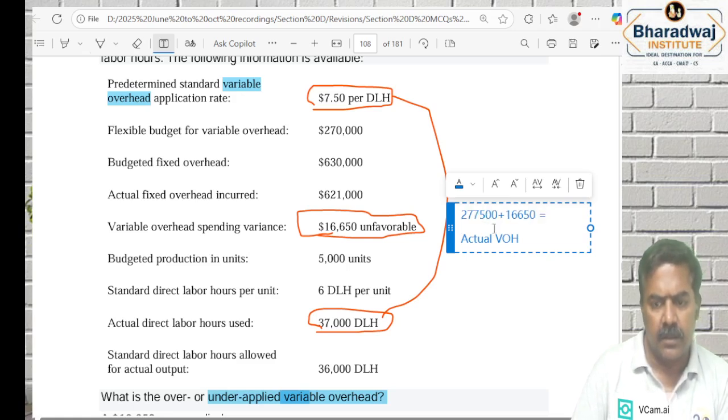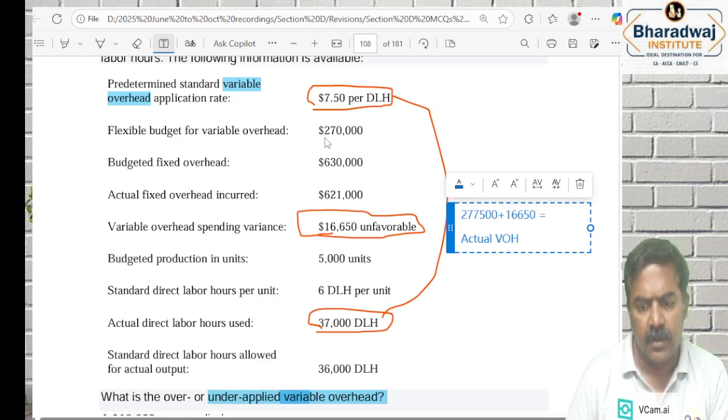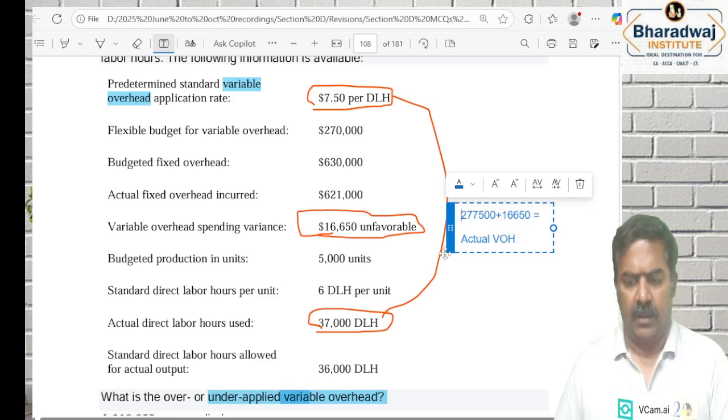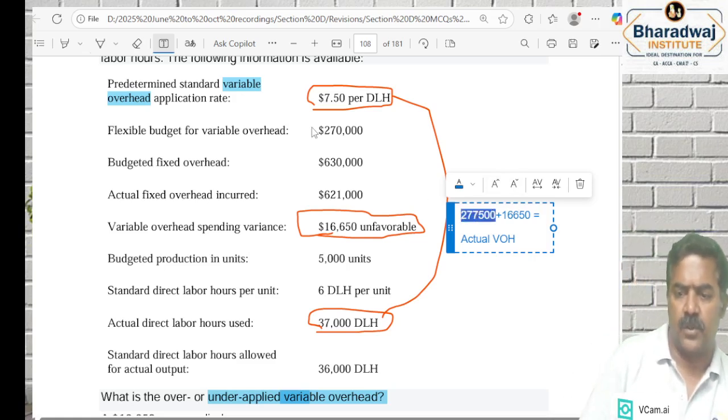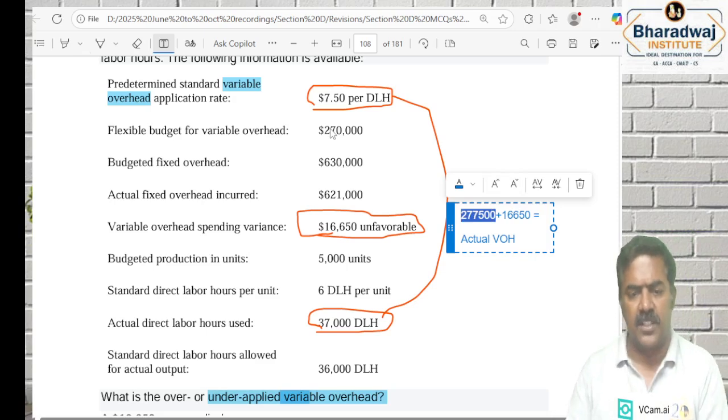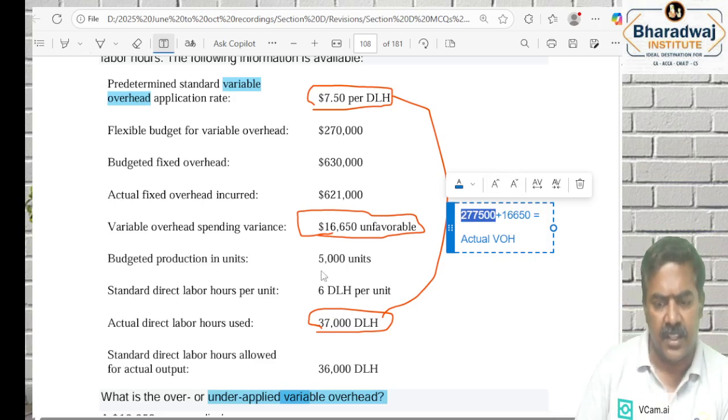Sir, the flexible budget for variable overhead plus the variable overhead spending variance gives the actual. 37,000 hours worked into 7.5 gives you 2,77,500. This 2,70,000, we do not know what flexible budget that is, based on number of units.